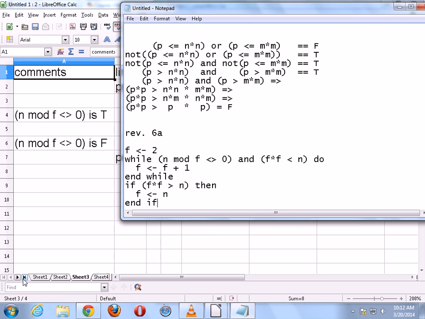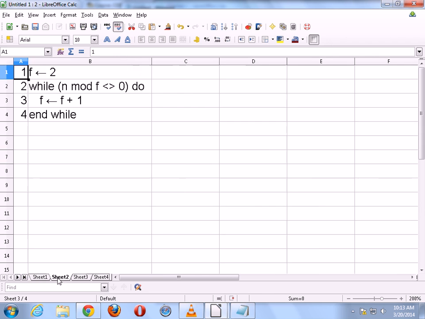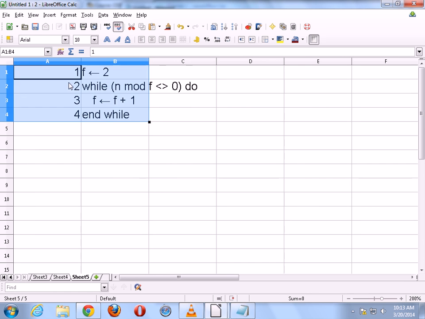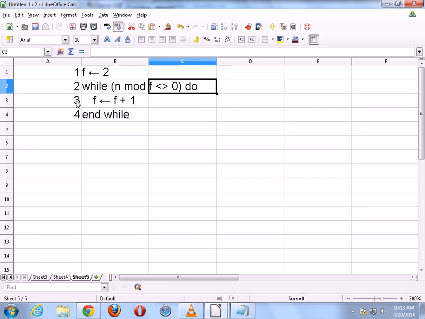Right. So let's go ahead and move on, and what we'll do is look at the original algorithm. I'm just going to copy and paste this to a new sheet and then trace the other one again. I'm going to paste it over here and change this one so that it has the optimization that we were talking about. So we'll say and f times f has to be less than n.